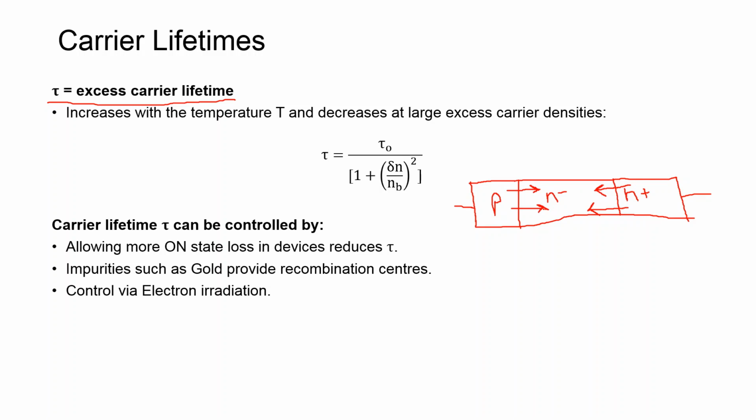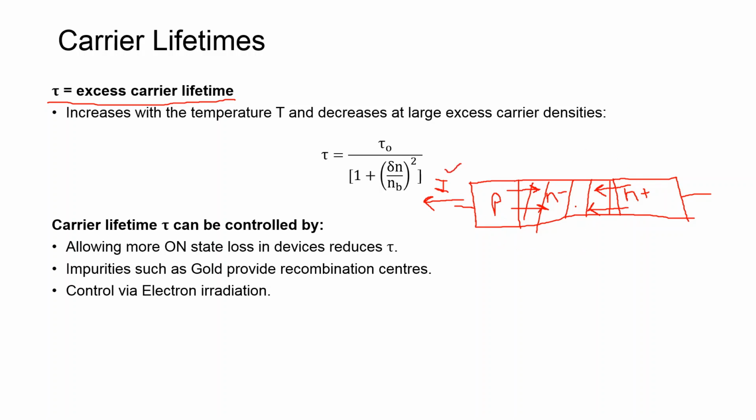Now when we need to switch off this power diode, we have to first remove all these charge carriers which are filled in this drift region. Now to remove these charge carriers, we have to sweep these through the external circuit, but we cannot do so completely by this external circuit.